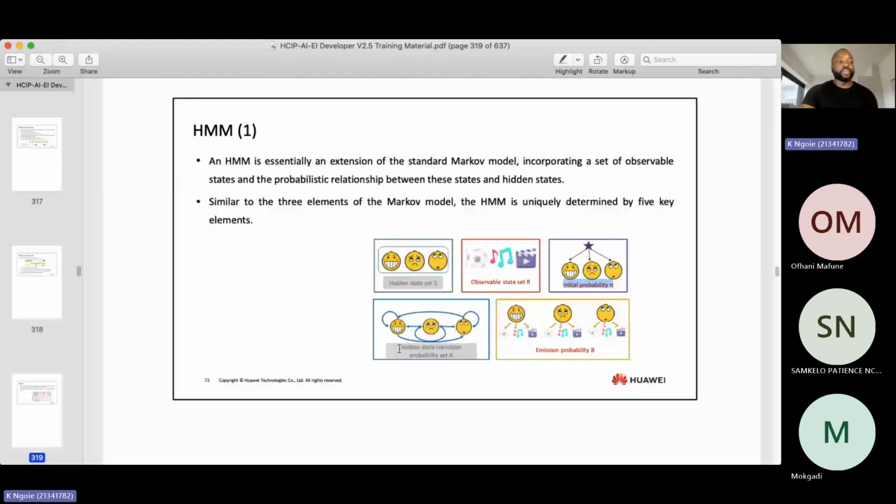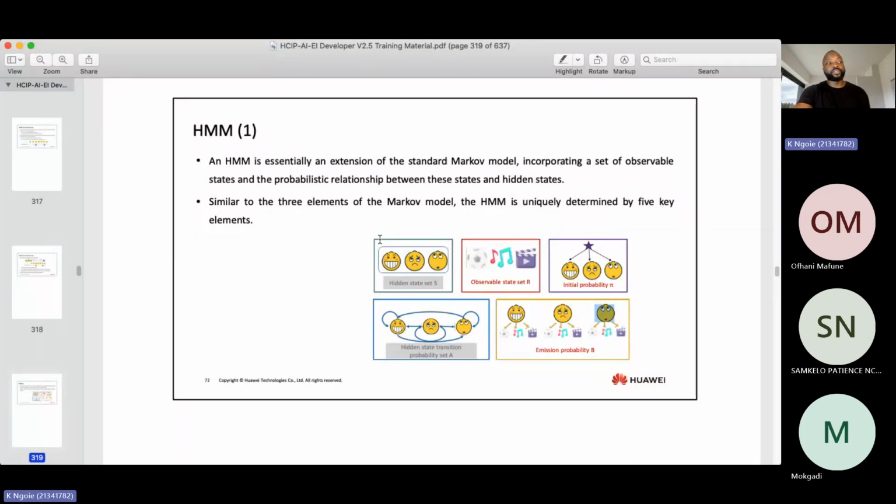And then we have the hidden state transition probability, so between the hidden states there will be a transition probability. And then each hidden state will emit an observable state, so we have the emission probability B. Each hidden state will emit one of the observable states. So this is how it's going to happen.